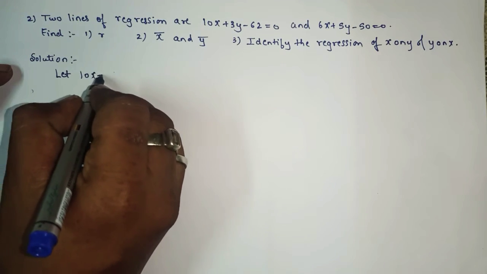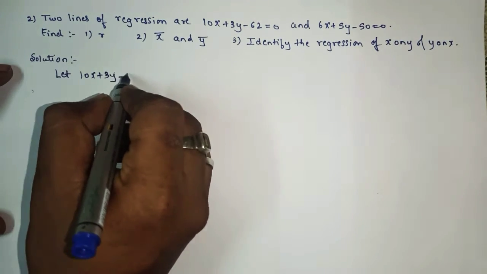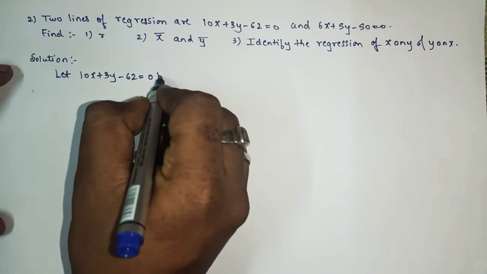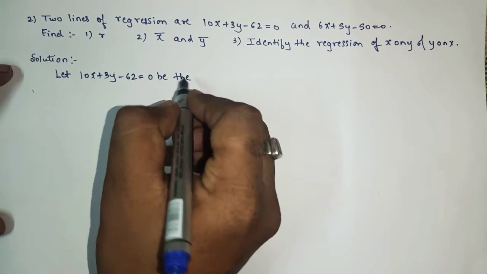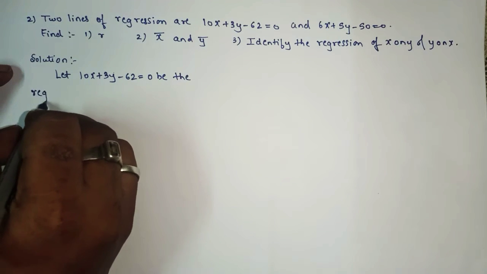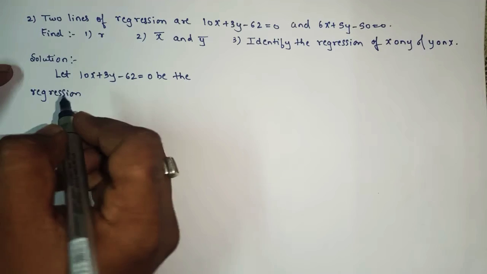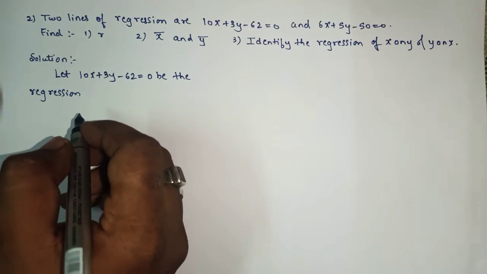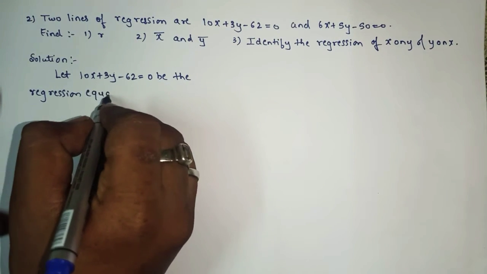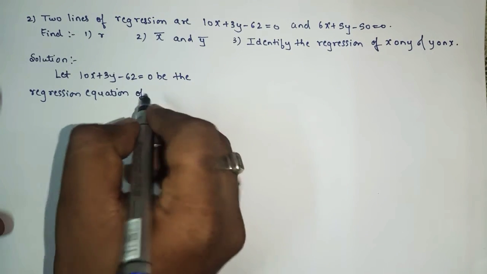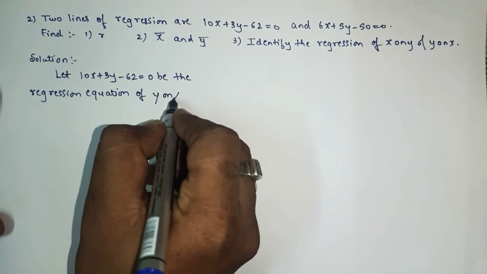10x plus 3y minus 62 equal to 0 be the regression equation of y on x.